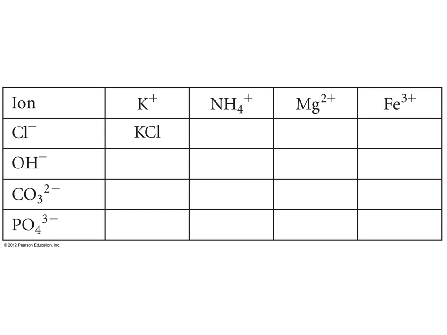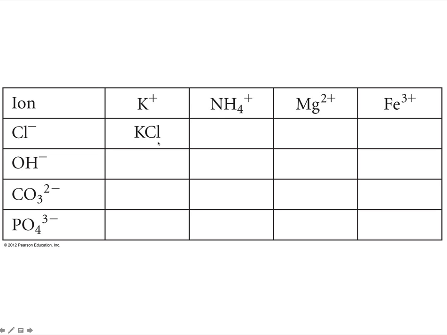So now when you put anions and cations together to form ionic salts, the charges have to balance. So here I have a table with a series of anions in the column and cations across the row. And as I combine these, the charges have to cancel. So if you combine potassium cation with the chloride anion, the metal comes before the anion, and so this would be potassium chloride.